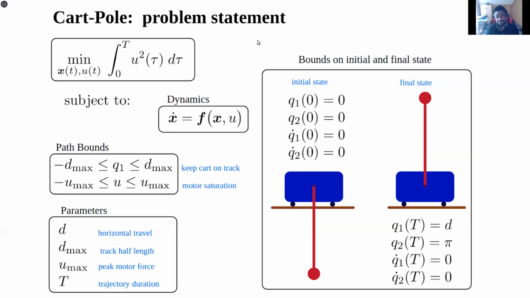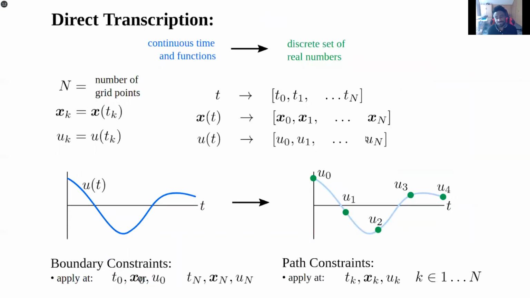Having defined this optimization problem, the next step is to discretize it into a nonlinear problem. Direct transcription is the simplest form of discretization. It comes up with a set of discrete times.